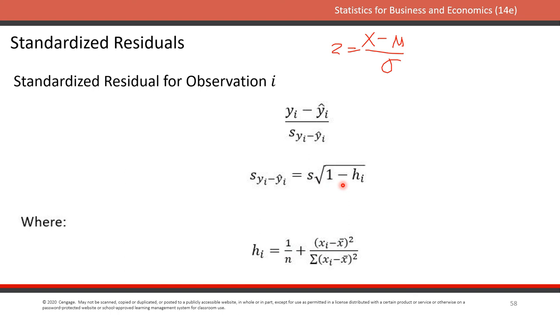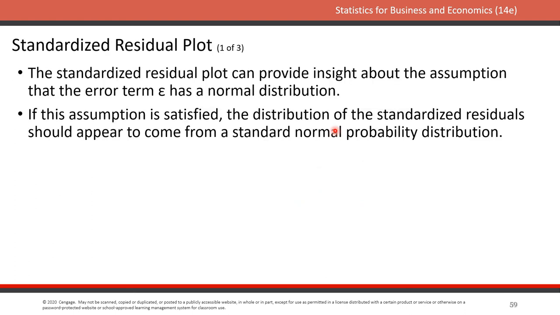It should look pretty familiar to the equation for the predicted value. When we were constructing the confidence intervals and the prediction intervals for the predicted value, this standard error equation should look pretty similar to that. So we do the value minus the mean divided by the standard error, just like so, and we do this for all of the different points.